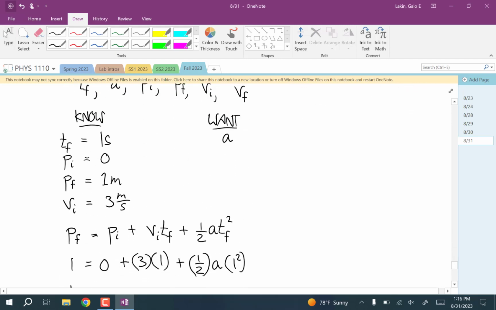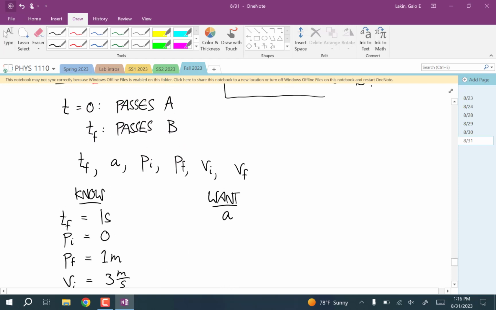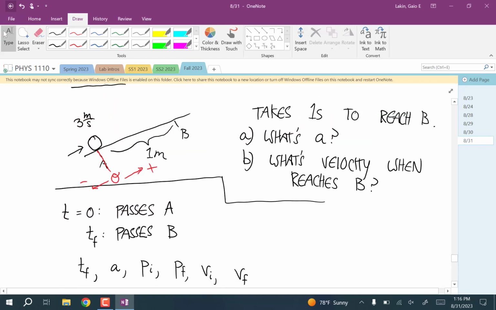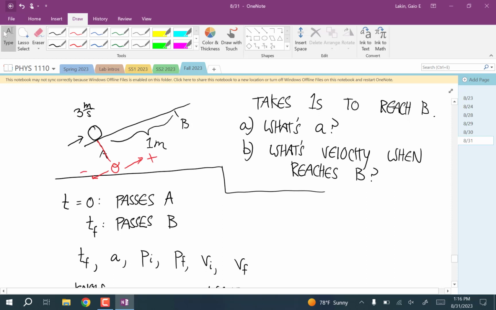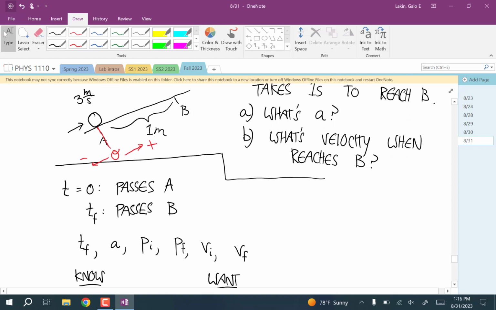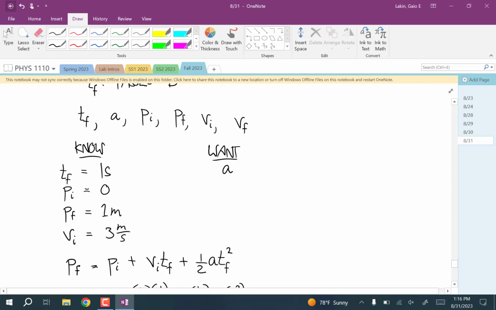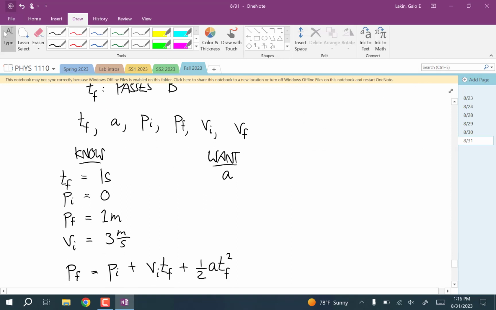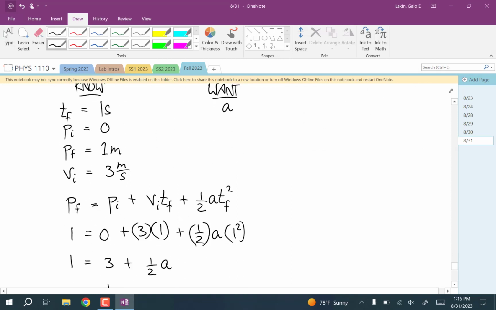Anybody see anything I did wrong here? I think maybe this just doesn't work the way I have it set up. Velocity faster. Yeah, right. I think that's what I would have had to do.